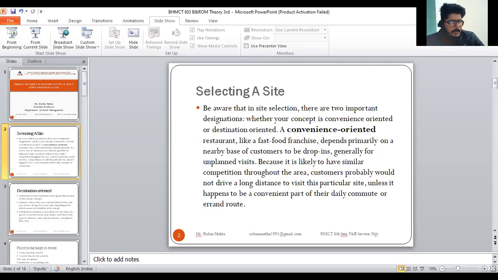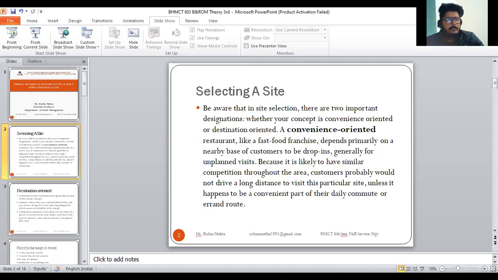Okay, and next is destination oriented restaurants. They attract guests often because of their unique concept. Like they have some kind of unique concept, the decor, the cuisine they are offering that is very special. The decor may be pitched for a particular region or particular cuisine.